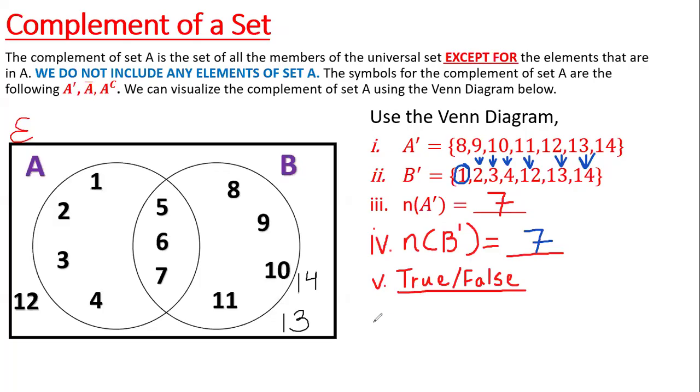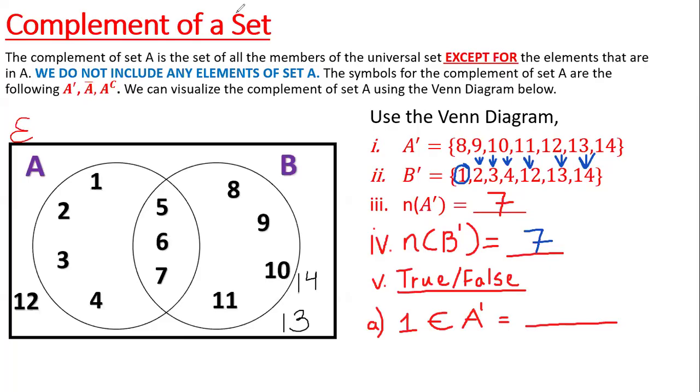We have A. So 1. Okay, 1 is an element of A complement. Is that true or is that false? True. True? Okay. Anyone else who believes that's true?